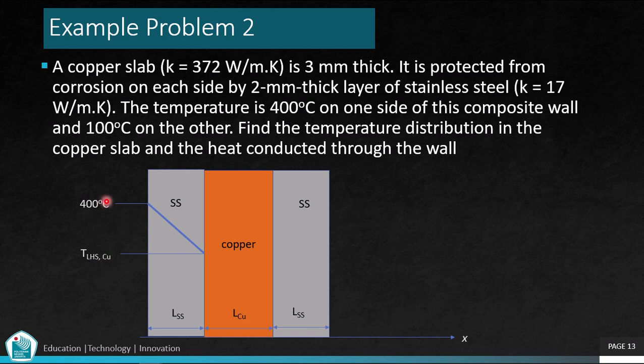It is lower than the temperature of the outer surface of the stainless steel, but the inner surface of the stainless steel has the same temperature as the copper. So we will have the delta T of the stainless steel.